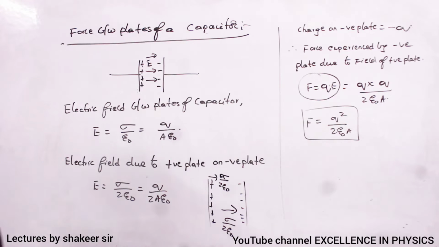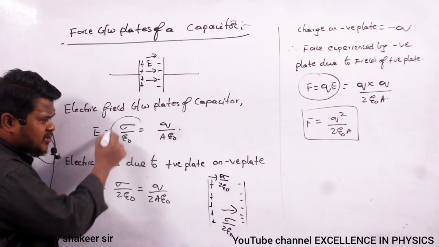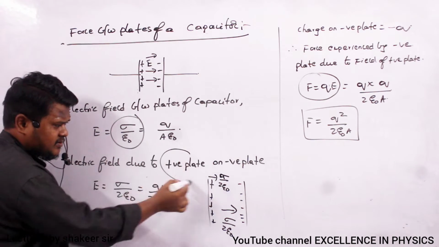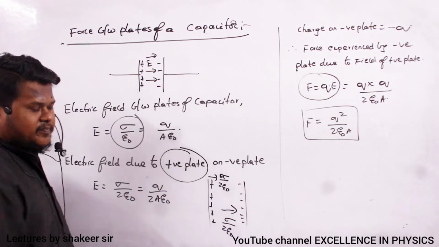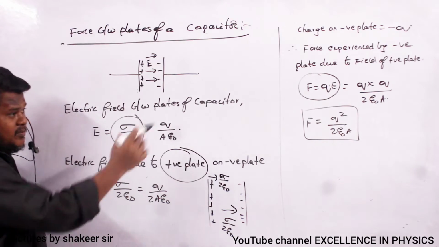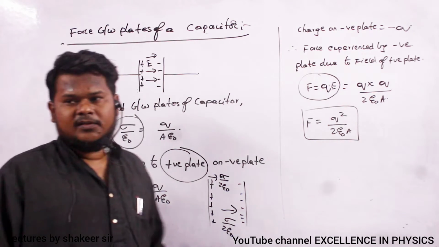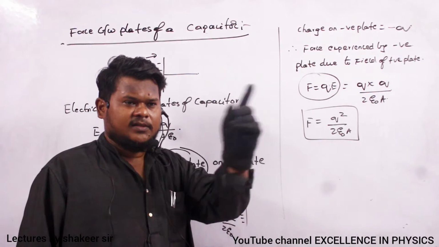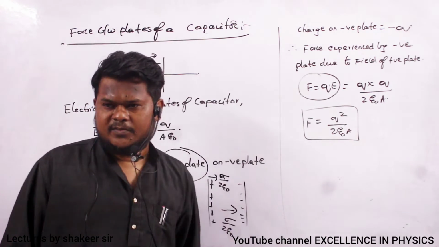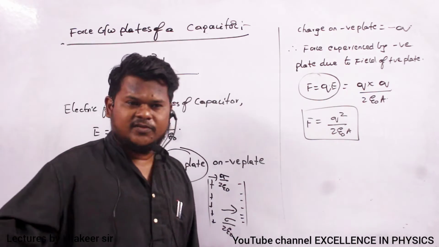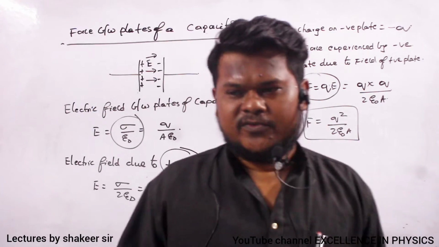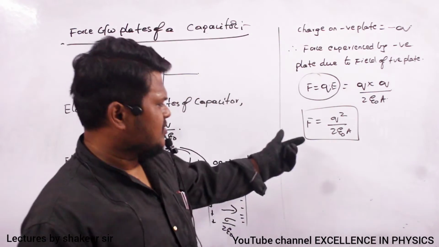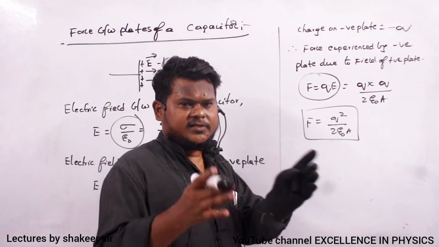I am not taking the total field; I am taking only the field because of the positive plate, multiplied by the charge present on the second plate. If the second plate is experiencing force, the positive plate is also experiencing force, by Newton's third law: every action has an equal and opposite reaction. So this is the force of attraction existing between the plates.